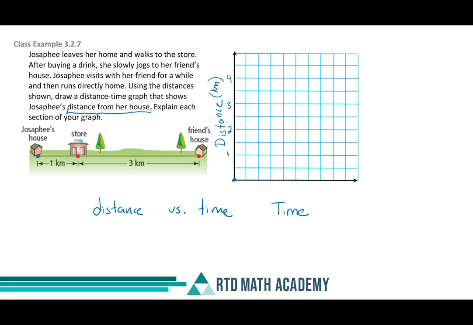You go in, you pick your drink, you pay for it. Visiting, I don't know. That could be dependent upon how well Josephine and her friend get along. And then we're talking about, again, the distance of 3 kilometers, and we're running now. So maybe for 3 kilometers, it might take 30, 35 minutes if she's jogging, something along those lines. So I think we should say that we're going to deal with this in minutes, not hours.